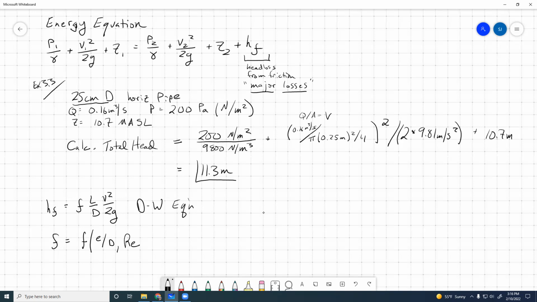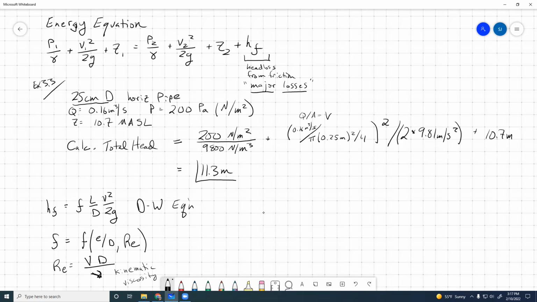as well as the Reynolds number, which tells you whether your flow is turbulent or not. Does anyone remember what the Reynolds number is? It's velocity of the flow times diameter of the pipe, divided by the kinematic viscosity.